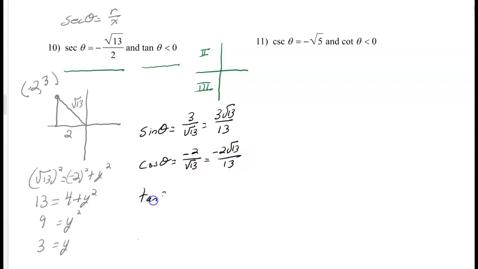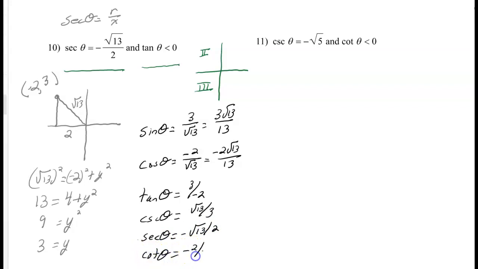The tangent of theta is the y-coordinate over the x-coordinate. Cosecant is the reciprocal, so root 13 over 3. We already have the secant, but I'm just going to write it down here for completeness. And then the cotangent is the reciprocal of tangent.